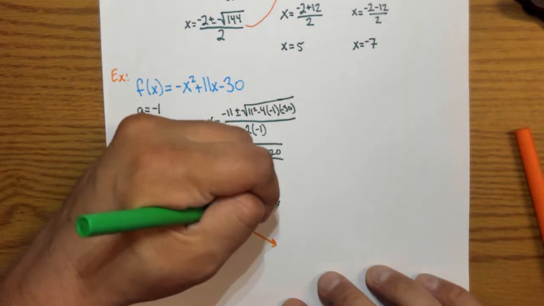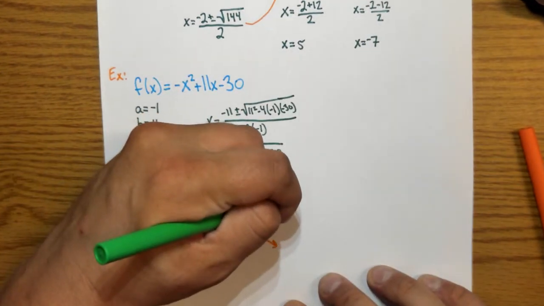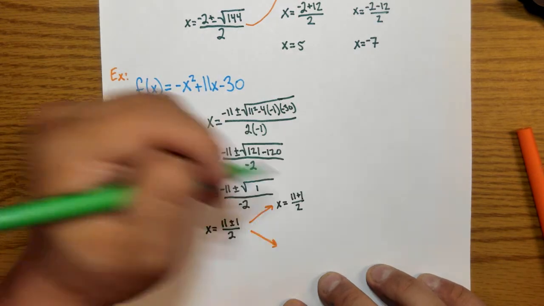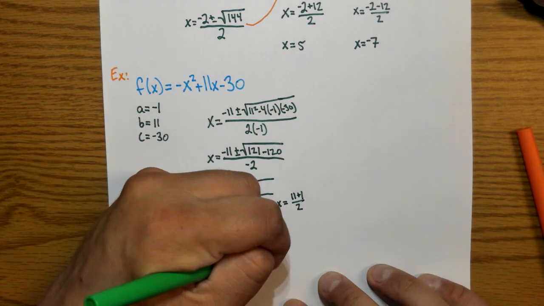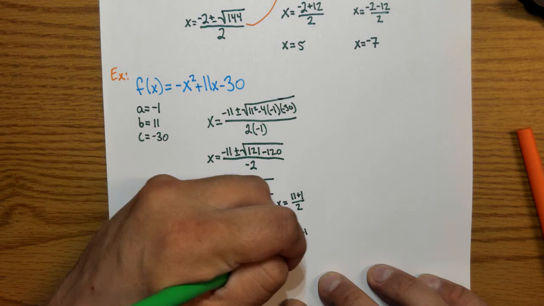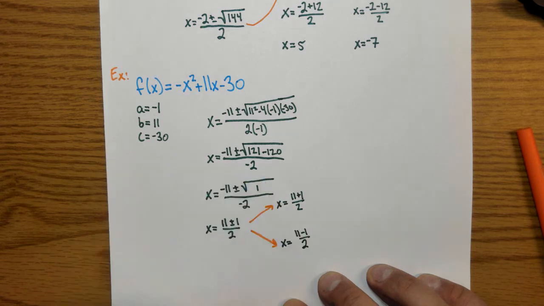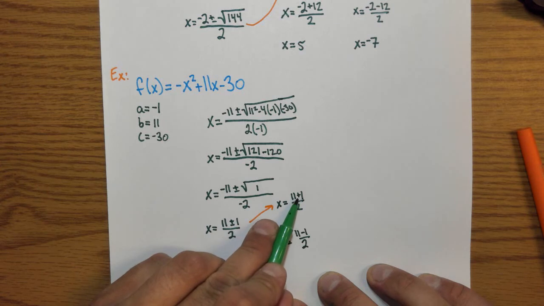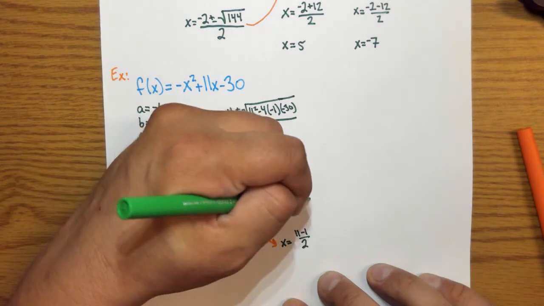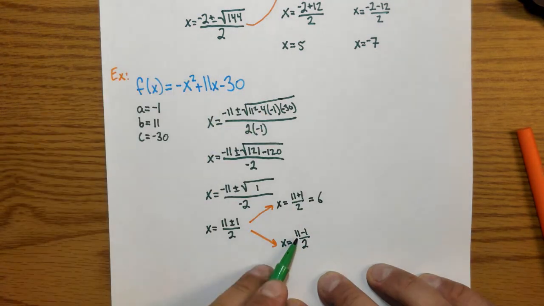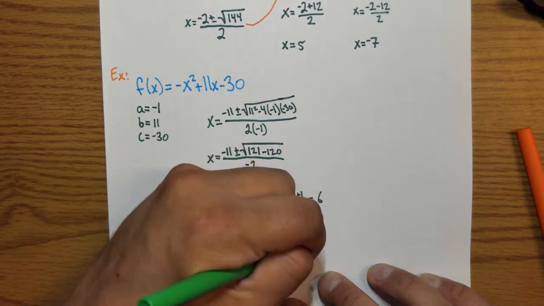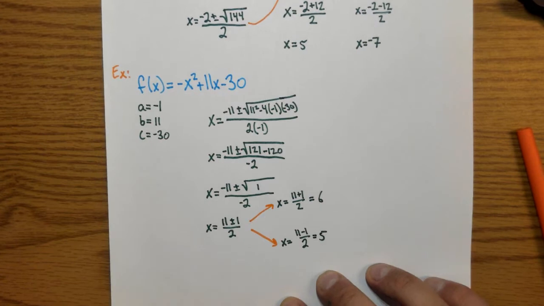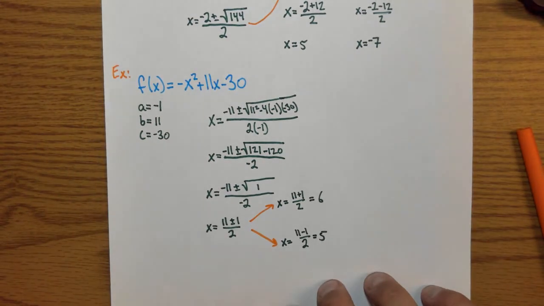One will be x equals 11 plus 1 divided by 2. And the other one's going to be x equals 11 minus 1 divided by 2. Well, 11 plus 1 is 12. 12 divided by 2 is 6. And 11 minus 1 is 10. Divided by 2 is just 5. And there you have it. Our answers are 6 and 5.